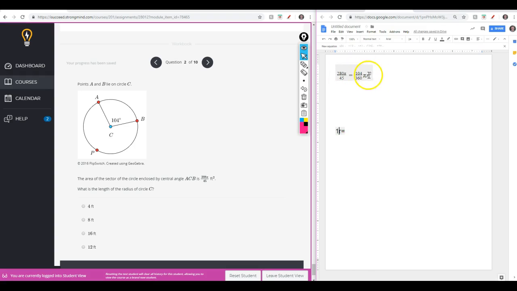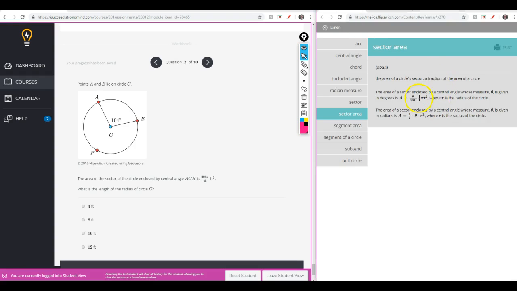How we are going to solve this, I'm going to do it in chunks, so that we are all on the same page. Since these are all multiplying, notice there's the dot, which is multiplying, and when you have pi r squared, that's multiplication too.